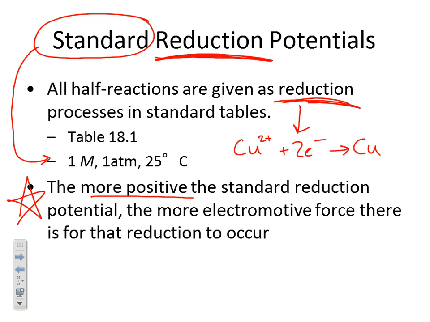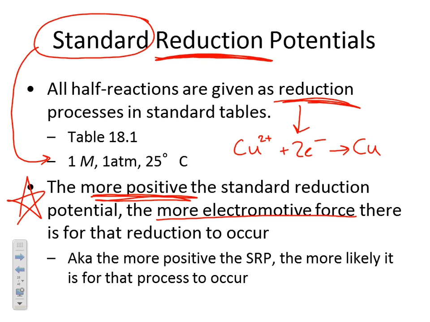The more positive the value for the standard reduction potential, the more positive the voltage, the more electromotive force there is for that particular reduction half reaction to occur. What that essentially means is, the more positive your standard reduction potential value, the more likely it is for that process to occur.